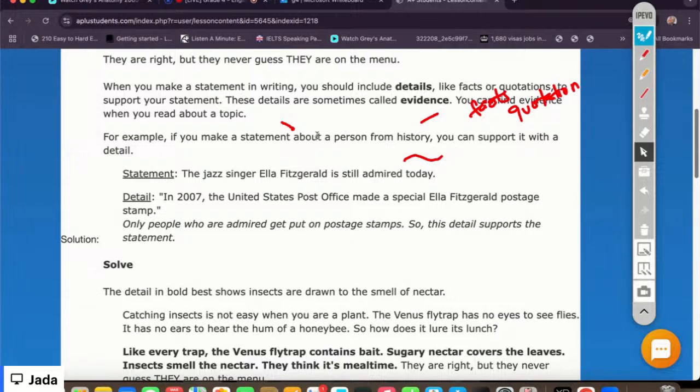For example, if you make a statement about a person from history, you can support it with a detail. So we have the statement: the jazz singer Ella Fitzgerald is admired today.